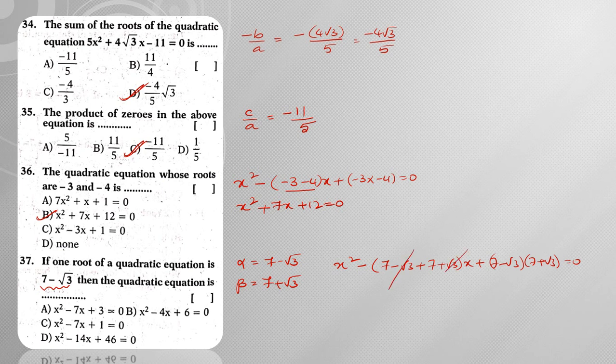On simplification, minus root 3 plus root 3 gets cancelled. This can be written as x square minus 14x plus, here 7 square is 49 minus root 3 whole square is 3, is equal to 0. This I can write as x square minus 14x plus 46 is equal to 0. Hence option D will be my answer.